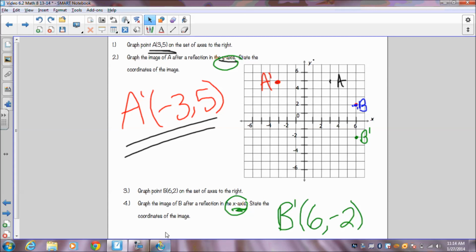Similarly, when I took the B and I reflected it over the x-axis, the x value stayed the same, and the y value is what changed to its opposite. So when you reflect over the y-axis, the x becomes the opposite sign, and then when you reflect over the x-axis, the y becomes the opposite sign.